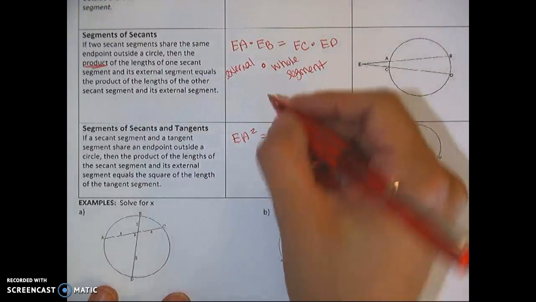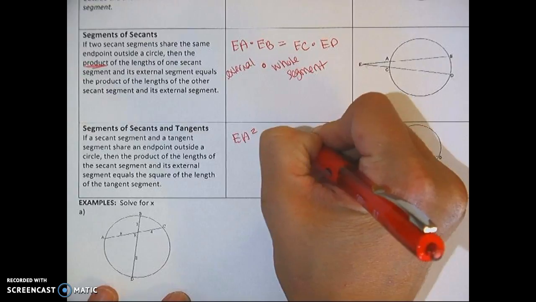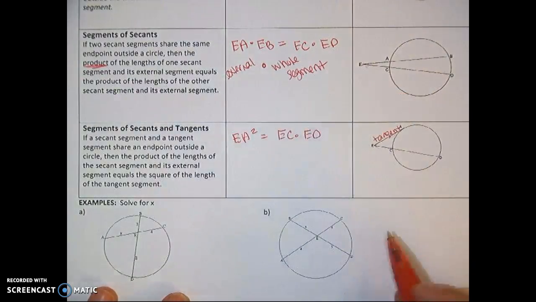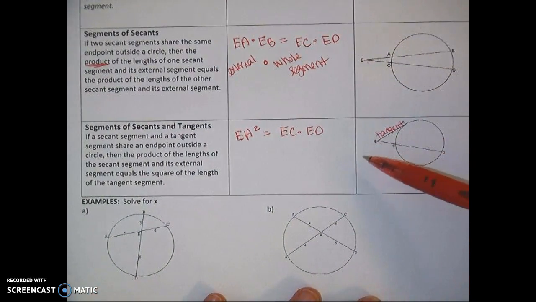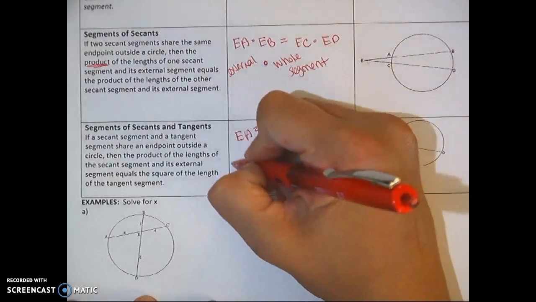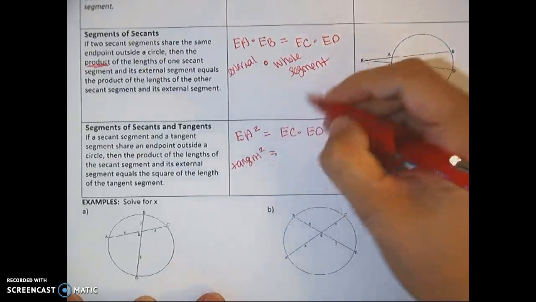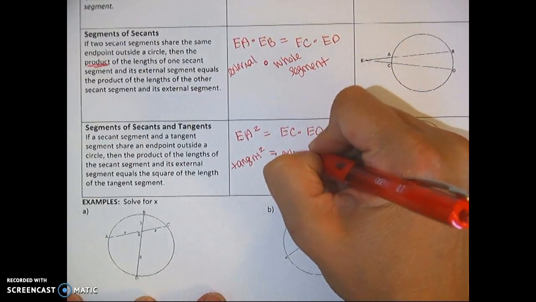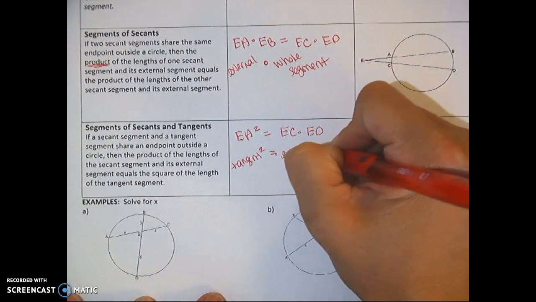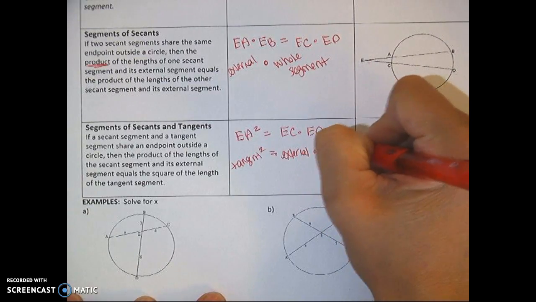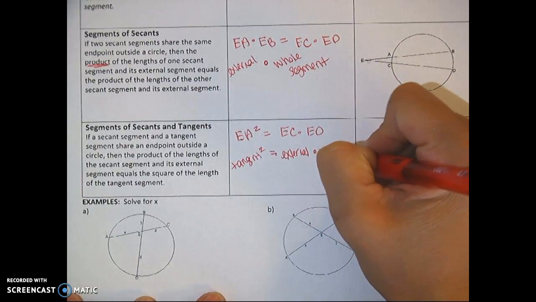So EC times ED. And this will make a lot more sense when we actually look at problems. Again, this is the tangent squared equal to the external part of the secant times the whole secant segment.